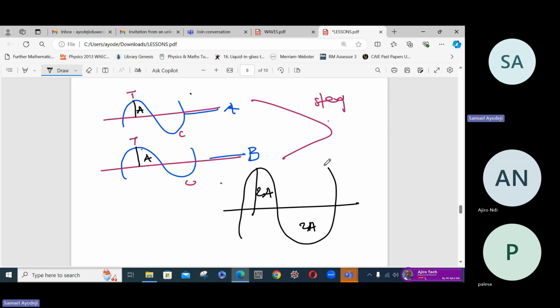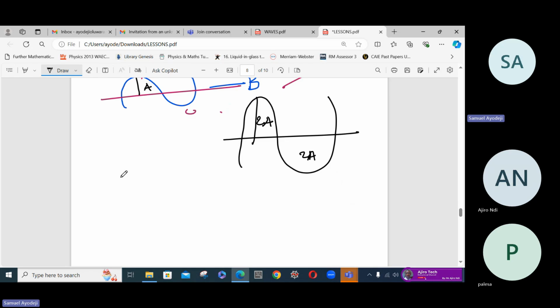But the resulting amplitude can also be zero completely, for instance, when the waves are out of step. So let me give an instance. You have this, and you also have this type. Let me divide it into two.